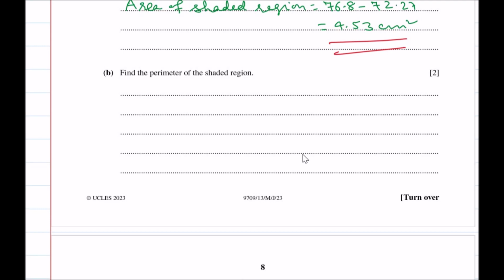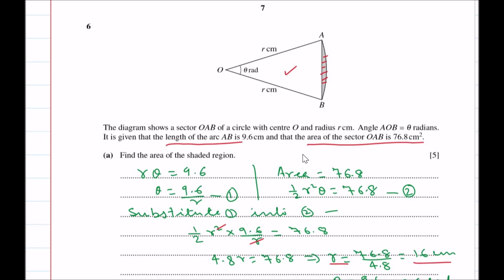So to find the perimeter, what we need, look at this. Perimeter of shaded region means, see, this is a straight line and this is the curve. Okay, two parts only. So we have to add this and this.